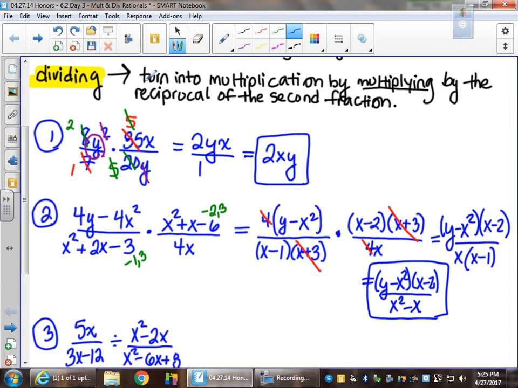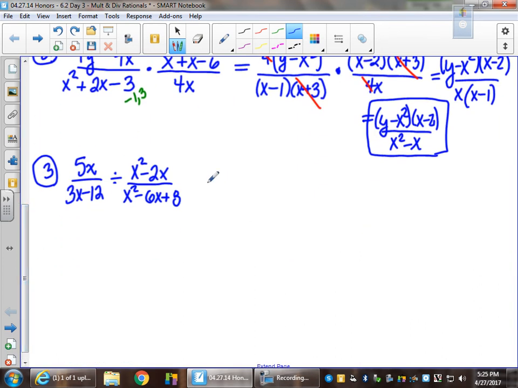When we are dividing, we are going to turn it into multiplication by multiplying by the reciprocal of the second fraction. So we keep this first fraction just as it is, 5x divided by 3x minus 12. This turns into multiplication by multiplying by the reciprocal of this fraction.